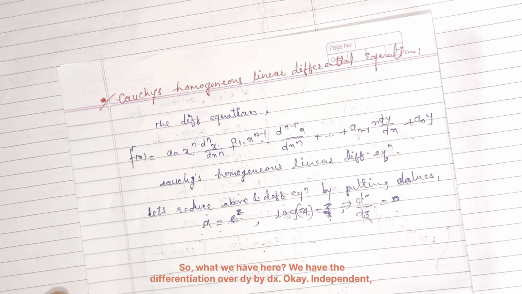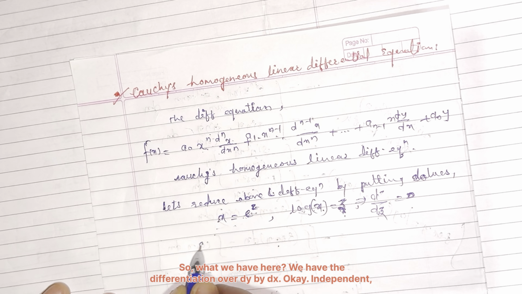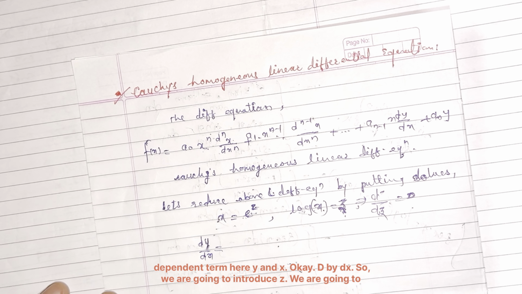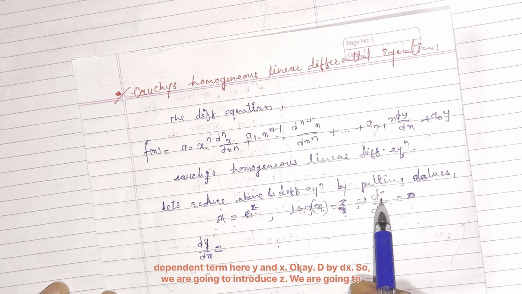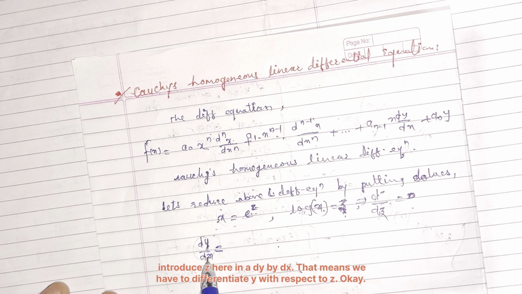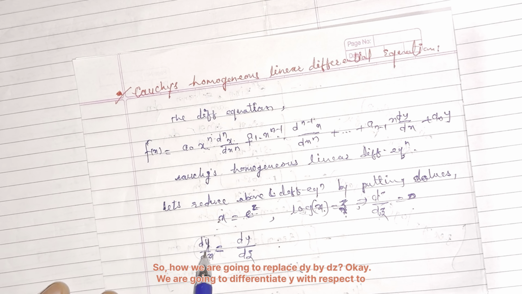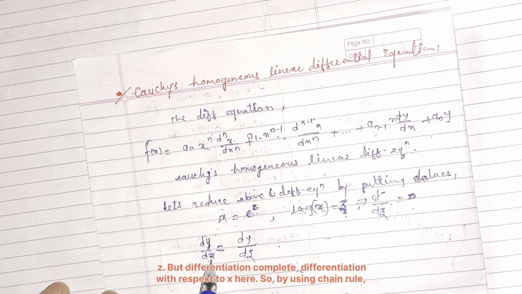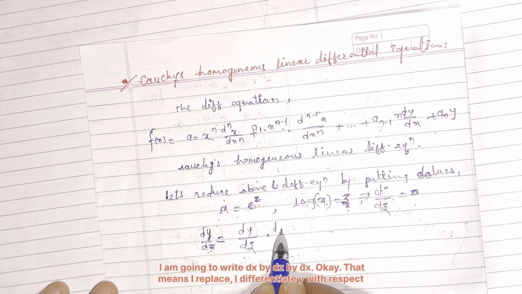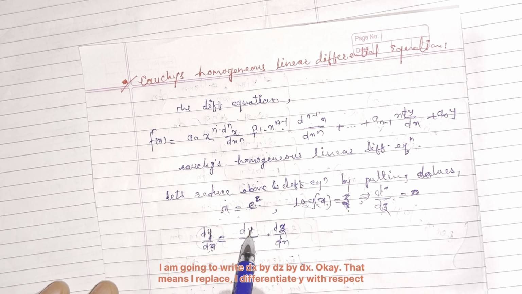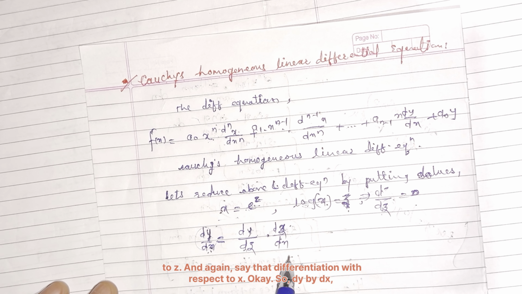We have the differentiation dy by dx, with dependent variable y and independent variable x. We are going to introduce z in dy by dx, which means we differentiate y with respect to z, and z in turn with respect to x.